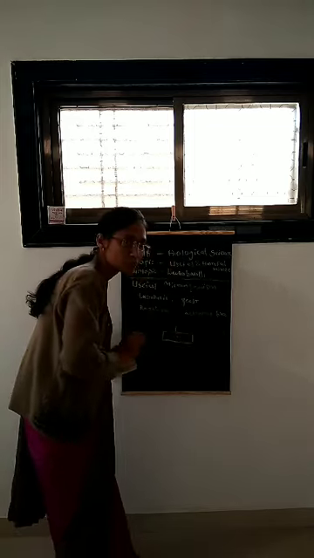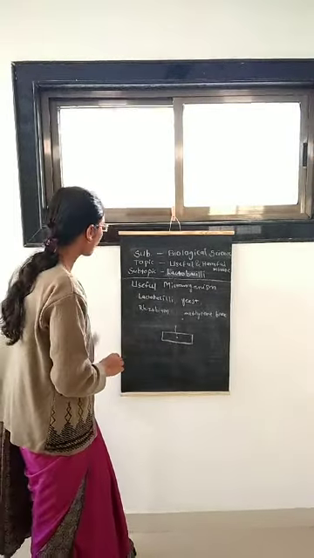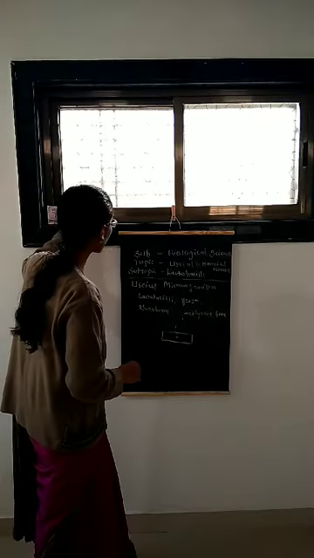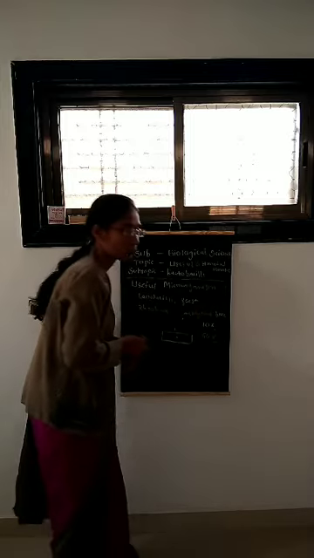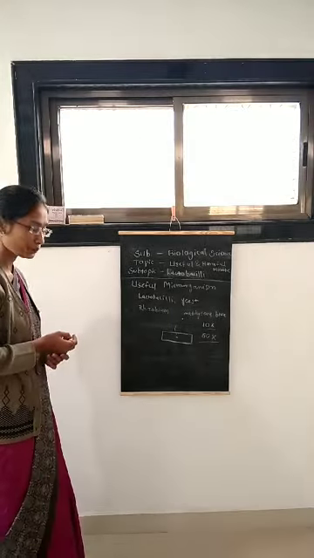Then prepare a smear and then observe it under the 10x objective of a compound microscope, and then observe under the 60x objective of a compound microscope. What do you see?